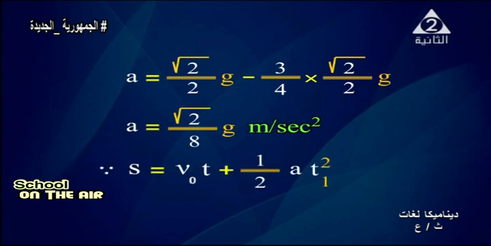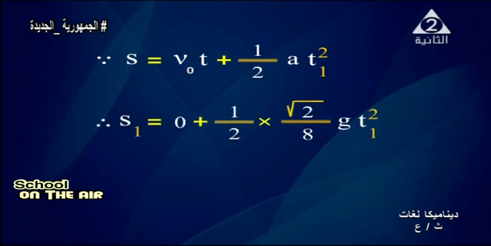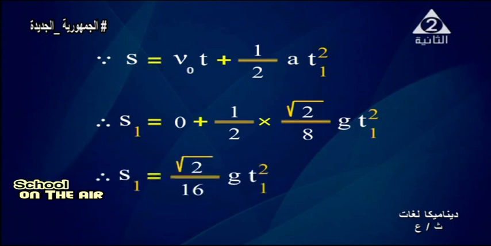Since s equals v naught t plus half a t1 squared, t1 the time in the first case, then S1 equals v naught t plus half a t1 squared equals 0 plus half times root 2 over 8 g t1 squared. And then the displacement S1 equals root 2 over 16 g t1 power 2.